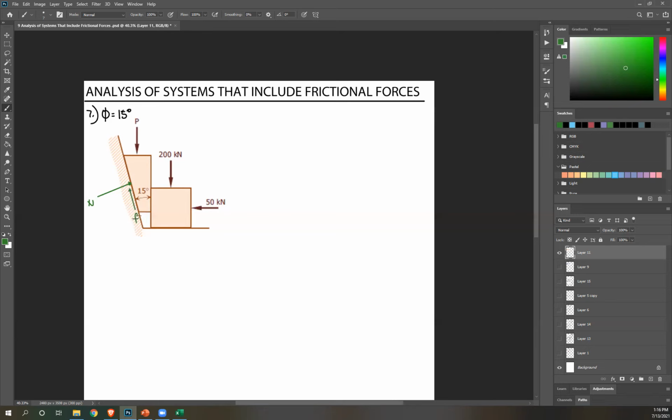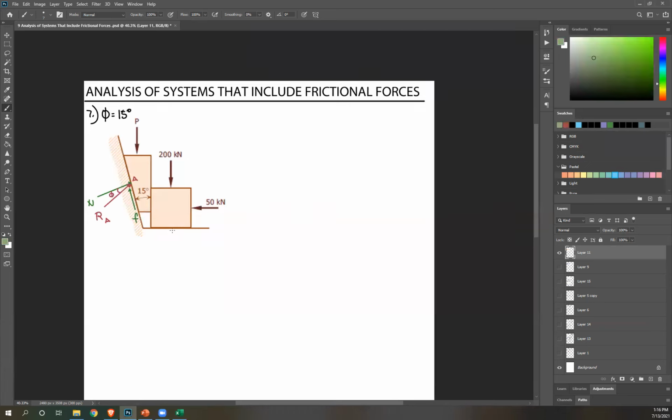So this is your F. There are going to be a lot of unknowns. Whenever given phi, you can just rewrite N and F in terms of its resultant R. So this is your R. Let's call this RA, that's point A. And then this is your phi.